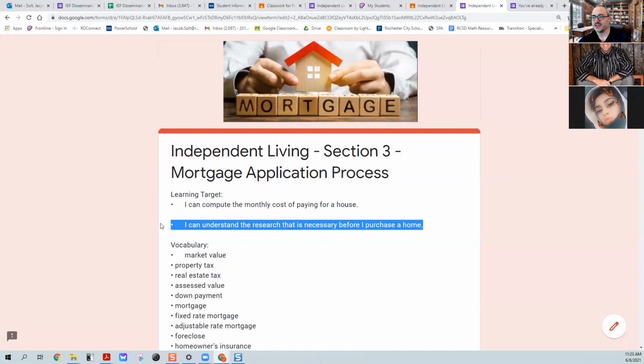And we also have this other learning target here: I can understand the research that is necessary before I purchase a home. So we started this learning target yesterday. We looked at the front end ratio. The front end ratio was a look to see if you have enough income to pay off a loan, right? Do you have enough income to pay off the loan and pay for all the monthly costs?